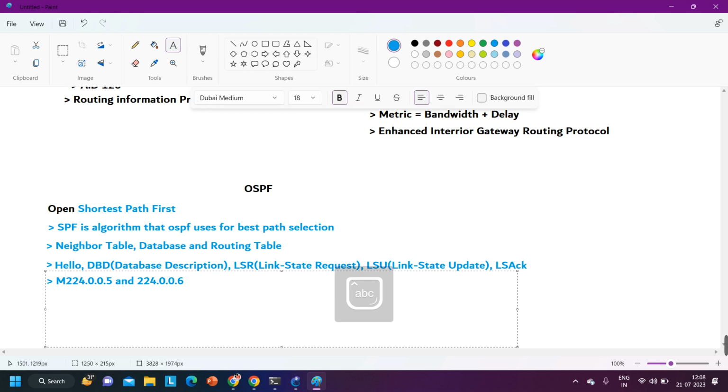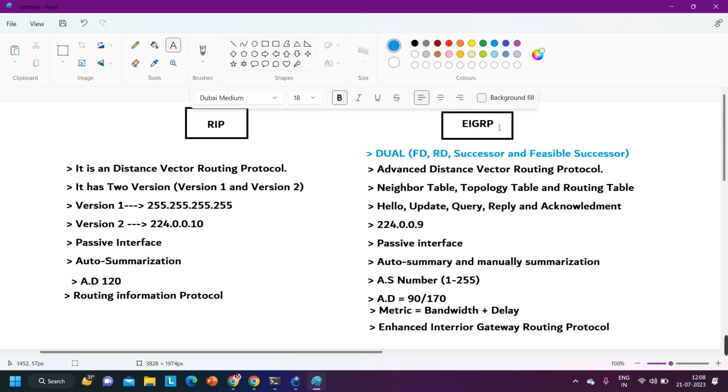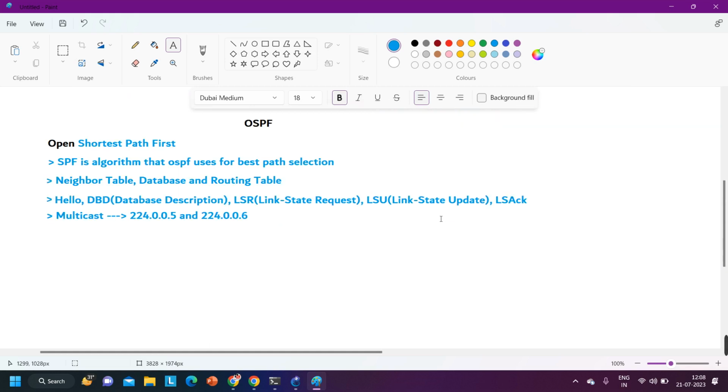These multicast addresses are reserved for OSPF. And the multicast address 224.0.0.9 is reserved for EIGRP.